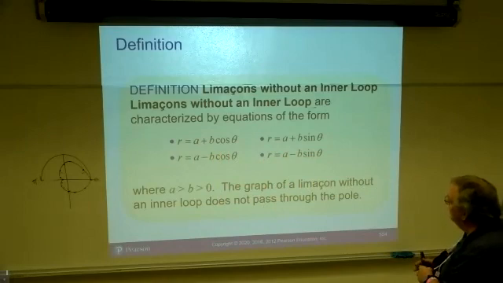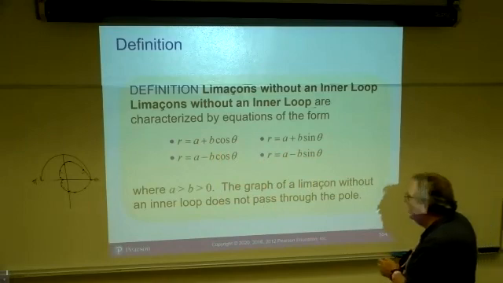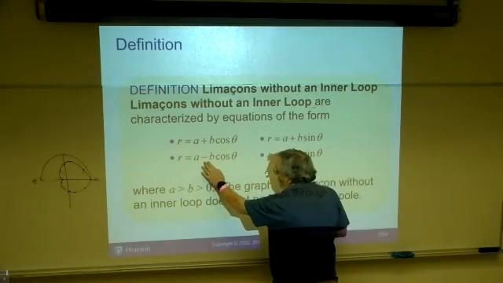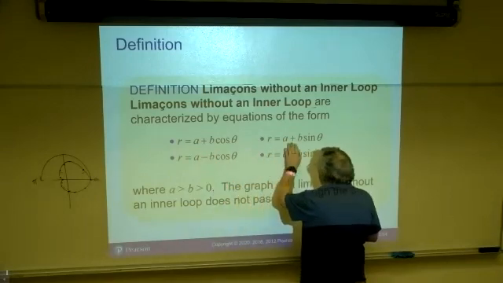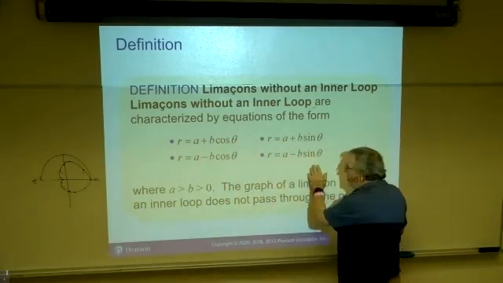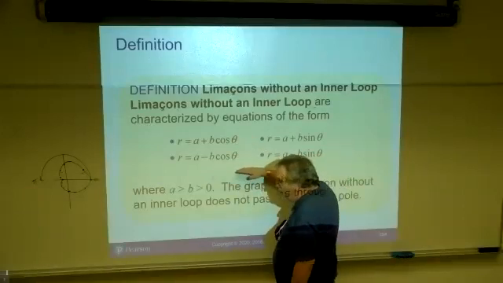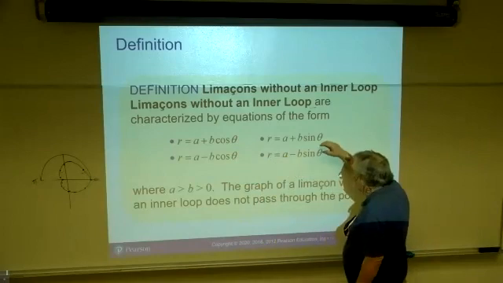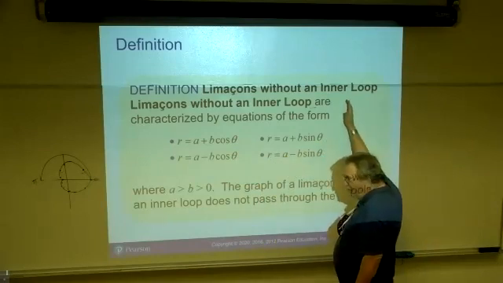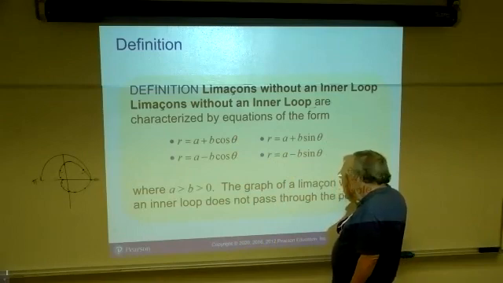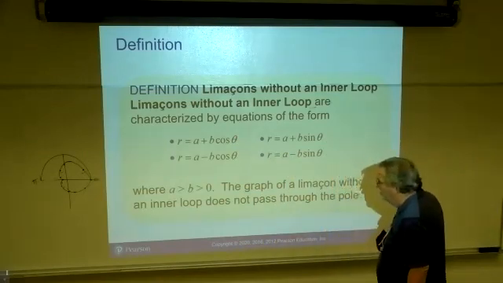These are characterized by equations of this form, where you have plus or minus the cosine, plus or minus the sine. When it's cosine, it's going to be symmetric across the polar axis. When it's sine, it's going to be symmetric across the theta equals pi over 2.